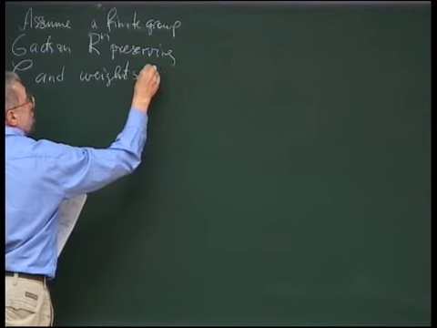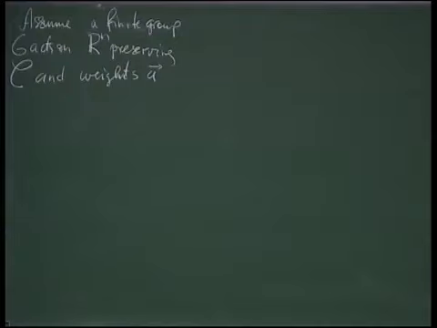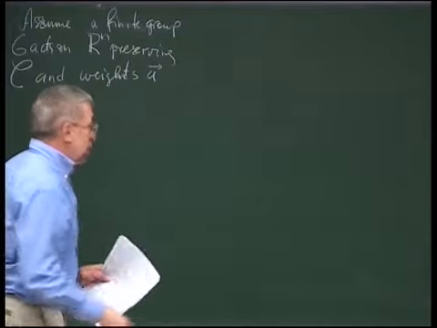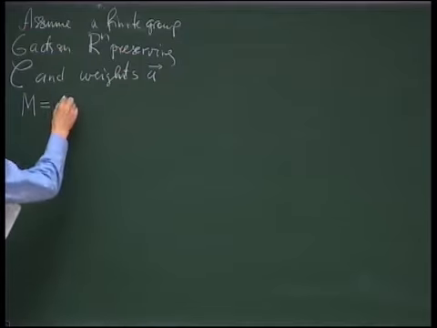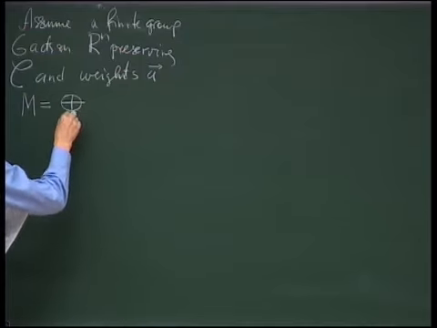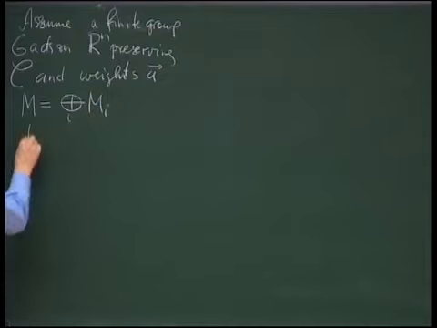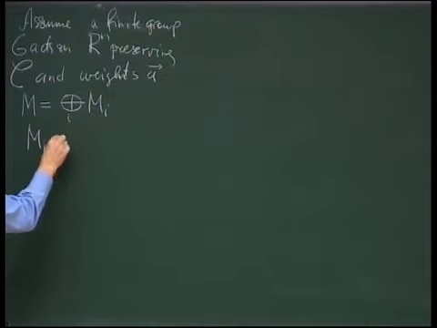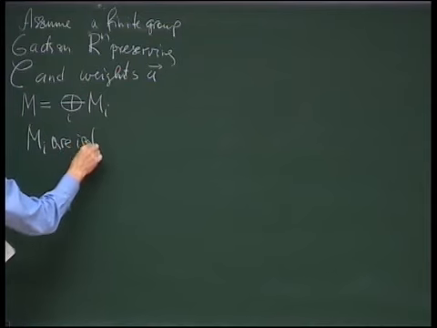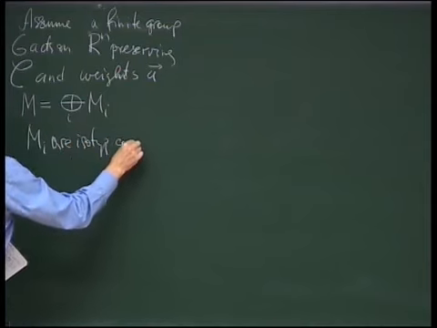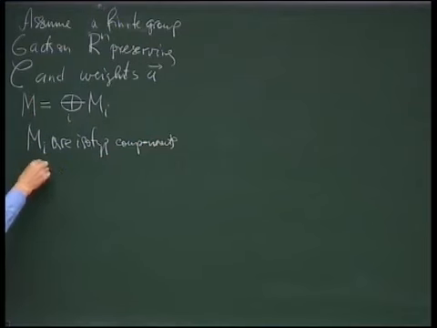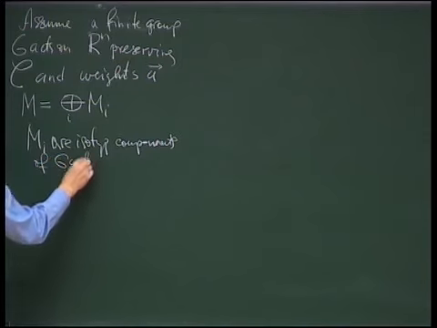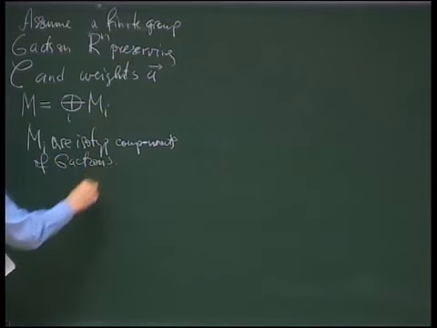In that case, the space of all linear combinations of domains splits into the direct sum of isotypical components M_i of the G action on that space of domains.